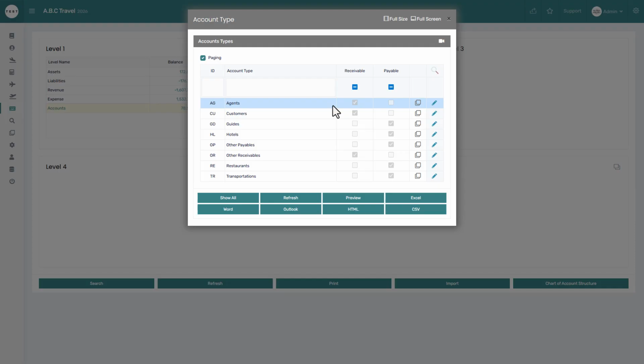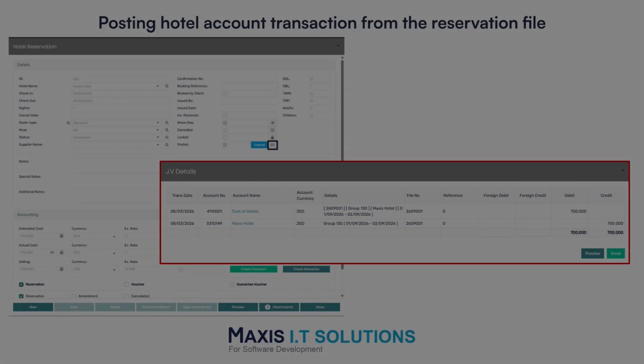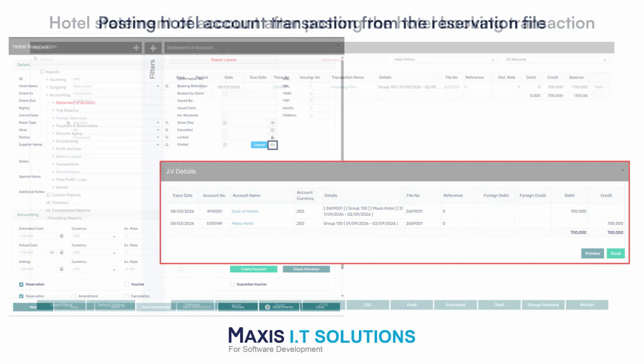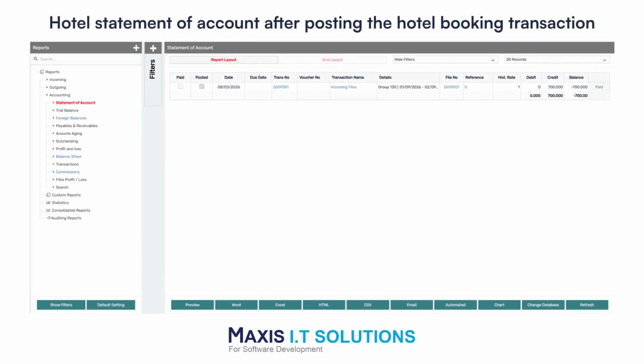Now let us look at payable accounts. Hotels are usually payable accounts. The same applies to restaurants, transportation companies, guides, and other suppliers. If a hotel cost is posted for $700, the system creates the entry. The hotel account is credited because we now owe the supplier.